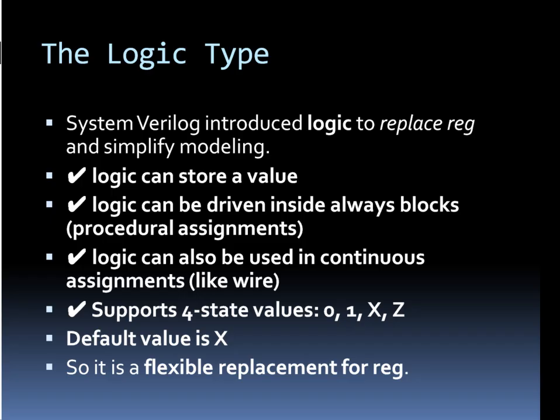A logic signal can be used anywhere a net is used, except that a logic variable cannot be driven by multiple drivers, such as when you are modeling a bidirectional bus. In this case, the variable needs to be a net type such as wire so that SystemVerilog can resolve the multiple values to determine the final value. I will be explaining this with examples. Let's see the examples.